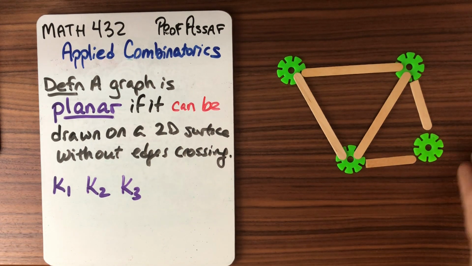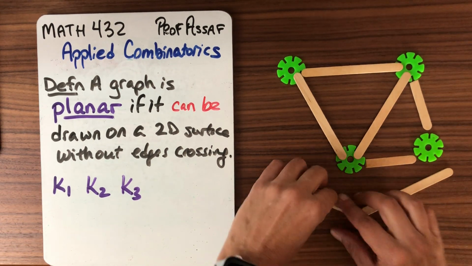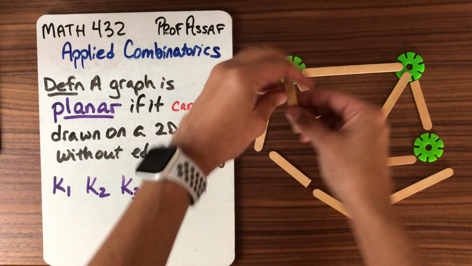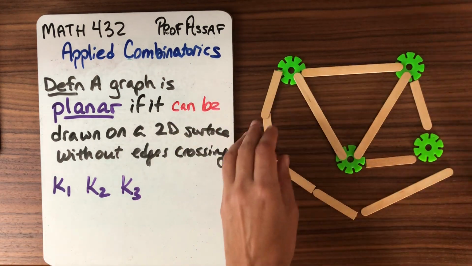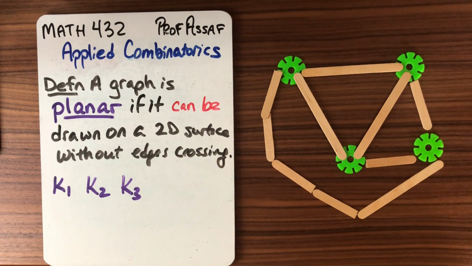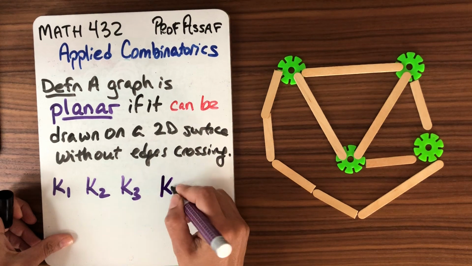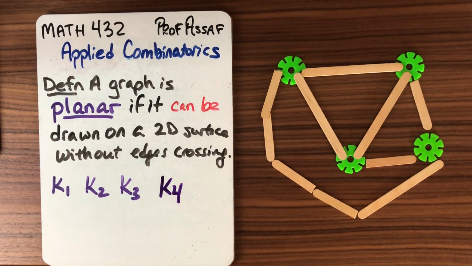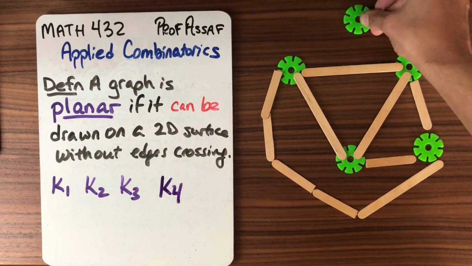I could take a bunch of little edges and just wind my way around this way. That's a perfectly good way to draw K4, the complete graph on 4 vertices. And now we can see that it is indeed planar. I've got all 6 edges in here, no 2 of which cross. That's fantastic.